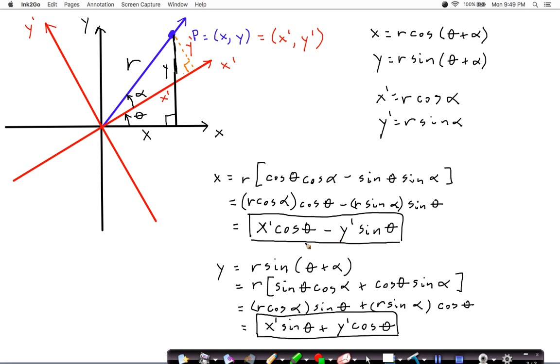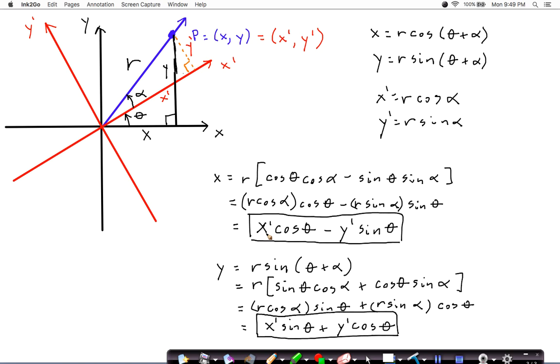And what you'll see in another video, I'm not going to do it in this video, but if we take the original equation, which is given in x and y, and we substitute these values in over here, we could get the new equation in terms of x prime and y prime.